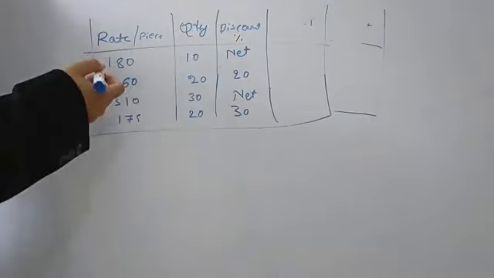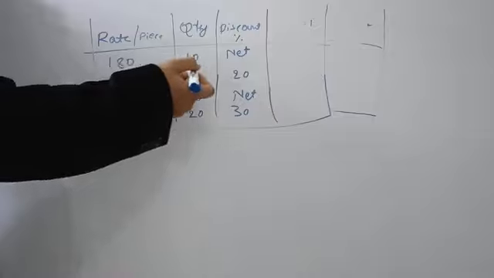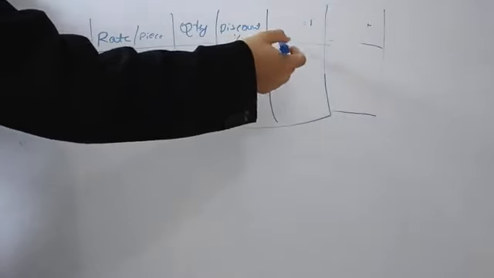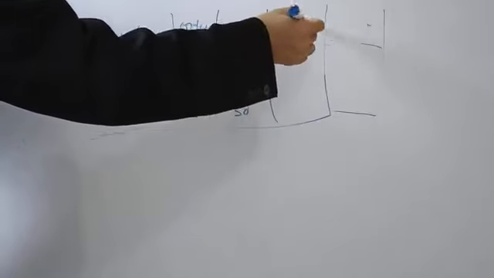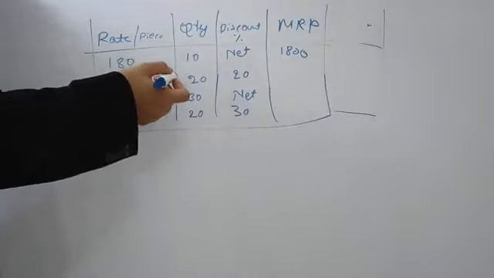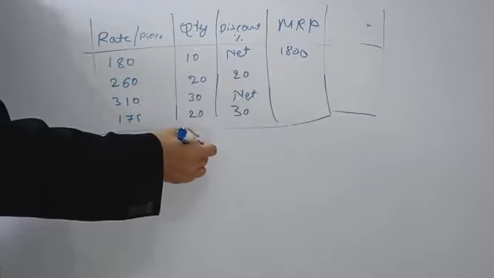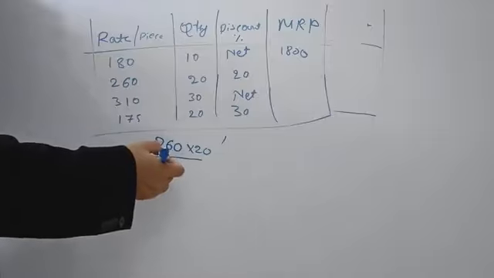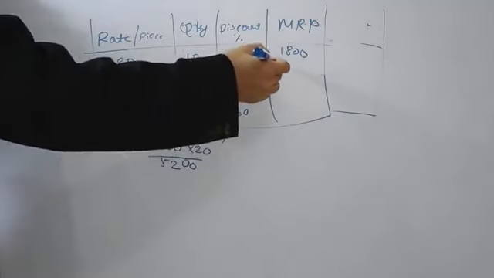First, the price per piece is 180, and 10 pieces are purchased. There is no discount, so 180 into 10 becomes 1800. This is the MRP. Then 260 into 20 is 5200.